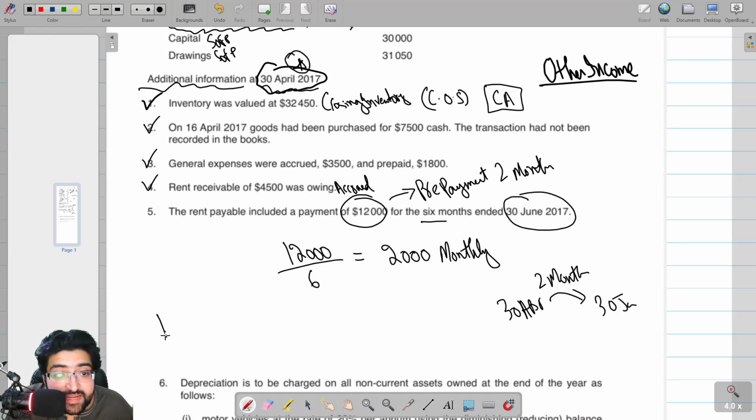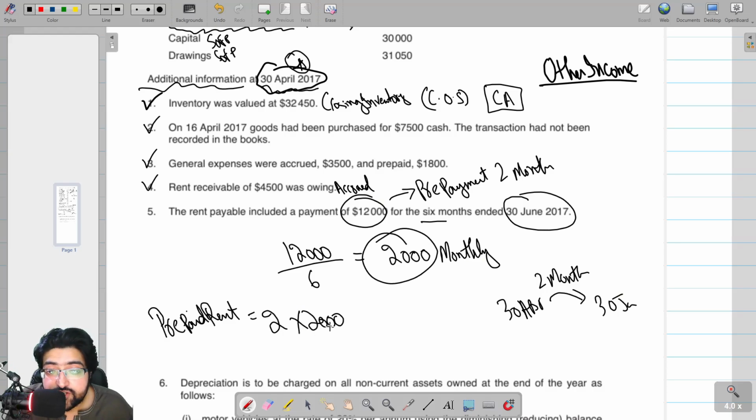So my prepaid rent in this case would be 2, which is 2 months multiplied by 2,000. The monthly rent charge is equals to 4,000.